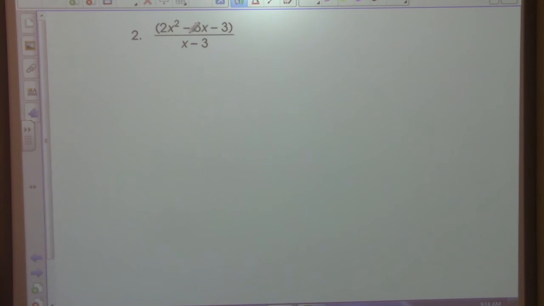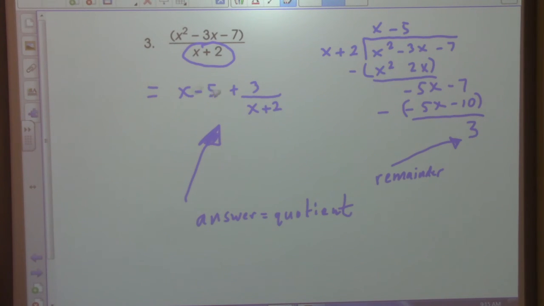Now in problem 2, since we had a remainder of 0, we know that x minus 3 is a factor of 2x squared minus 5x minus 3. So whether or not we have a remainder other than 0 is a deciding distinction for whether the divisor is a factor of the dividend. That's something to keep note of, because we're going to be using it when we test out our rational zeros theorem.